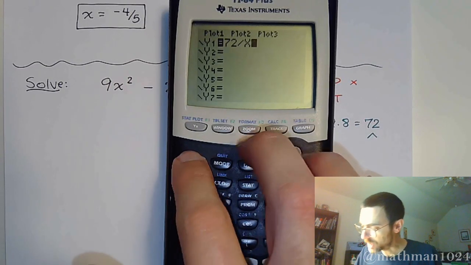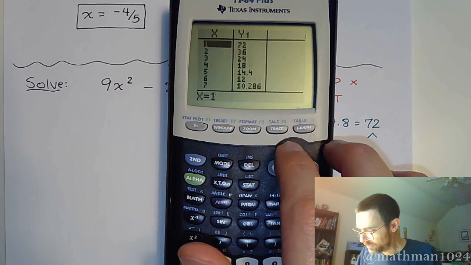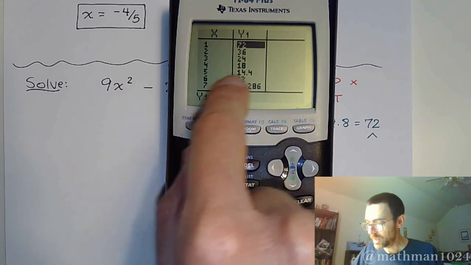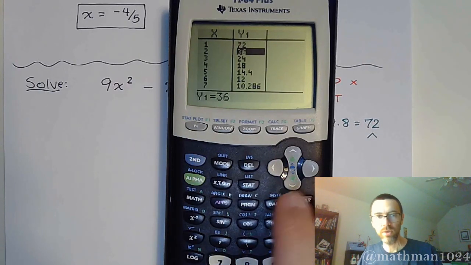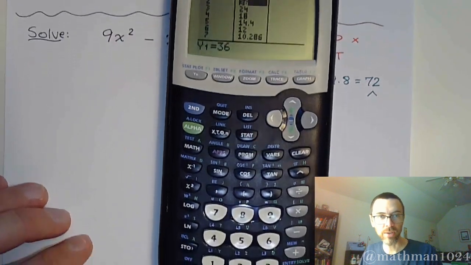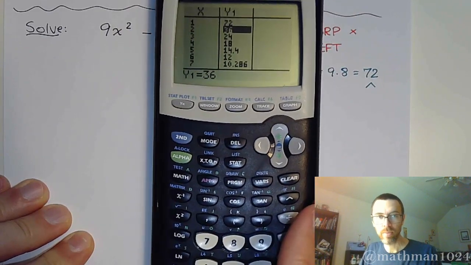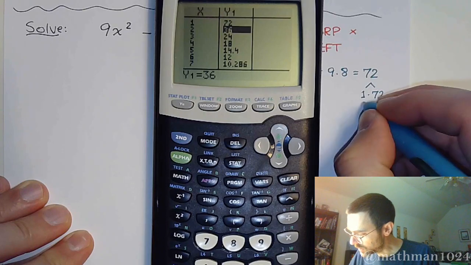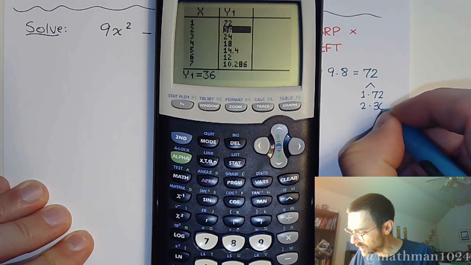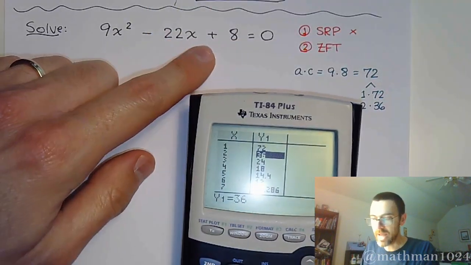Once we do that, we go to the table, and you see up here that you get 1 and 72. Yeah, I better write these down. I don't want to forget anything. All right. So 1 and 72, 2 and 36. Keep in mind that we're trying to find numbers that add to 22.